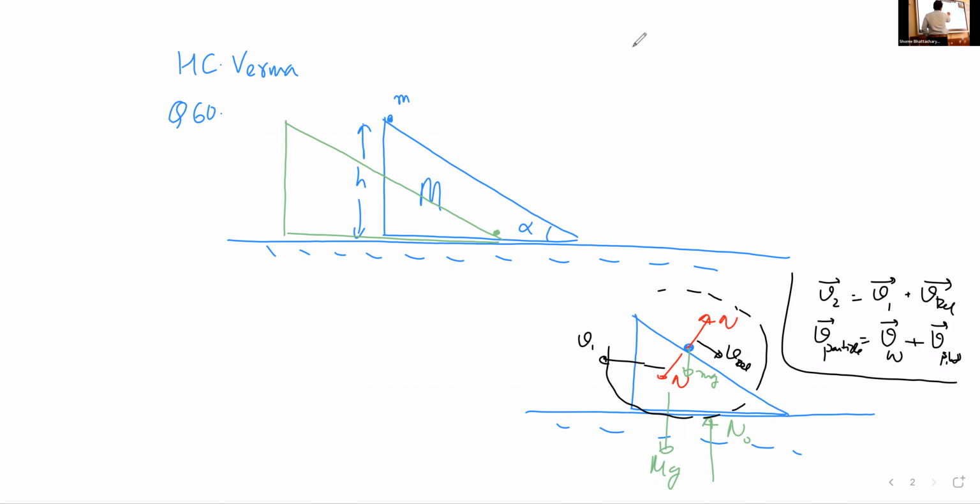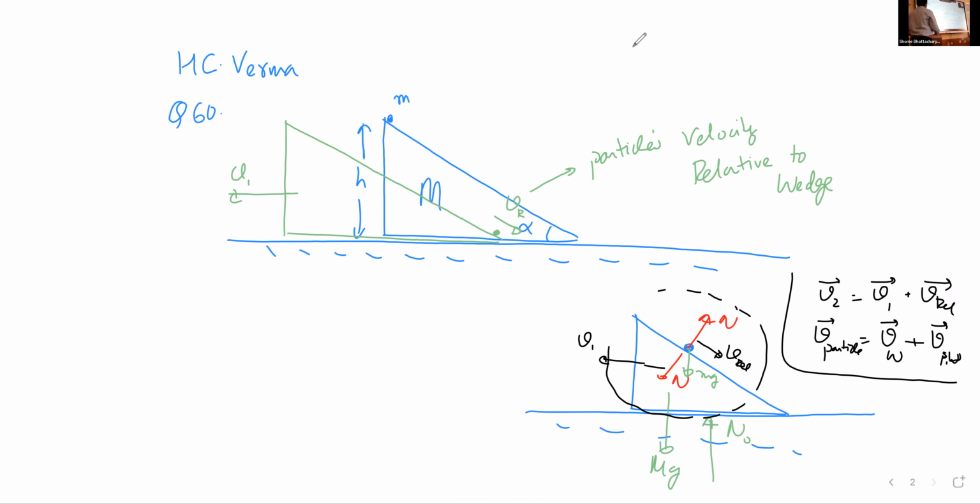By now, let's say the particle's relative velocity has become VR, the particle's velocity relative to the wedge, whereas the wedge's velocity is V1 at this instant.